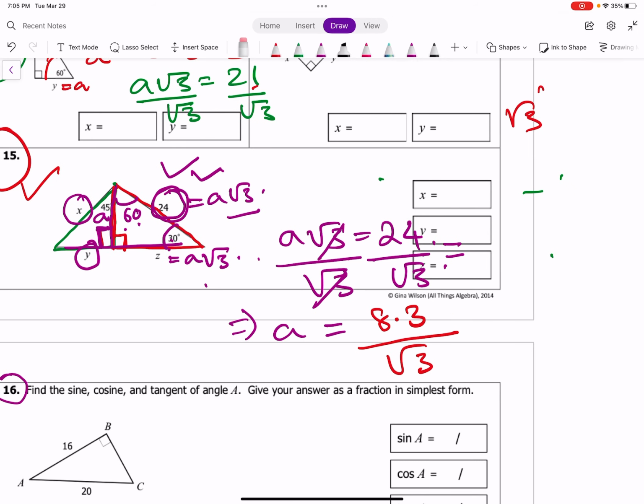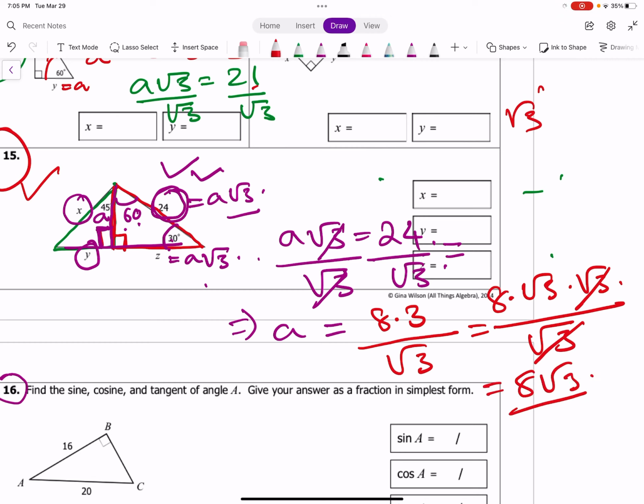As we know, two radicals give 3, so radical 3 and radical 3 cancel, leaving 8 radical 3. All right, so what do you see? That will help us to get into this 8 radical 3 with this one, which is a 45.